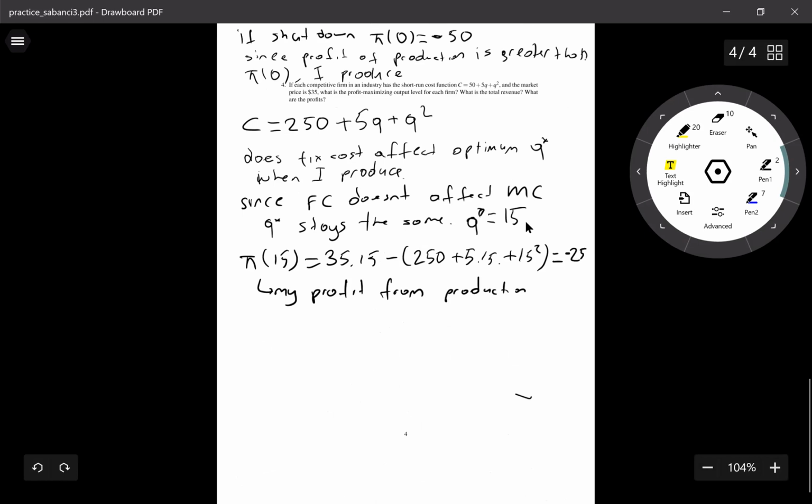Yes. Since we have this negative profit, it looks like when you shut down you may not have negative profit, but that is not correct. The profit from shutting down will always be minus fixed cost, and in this case it is minus 250.